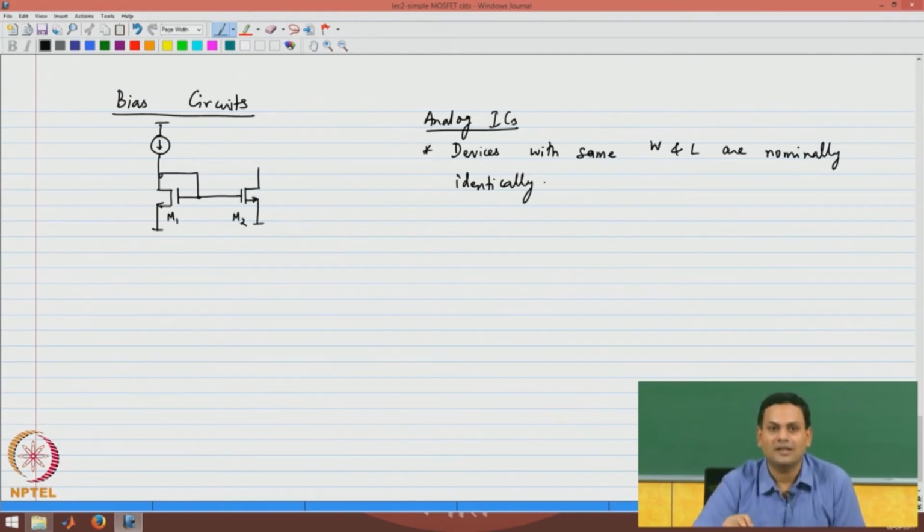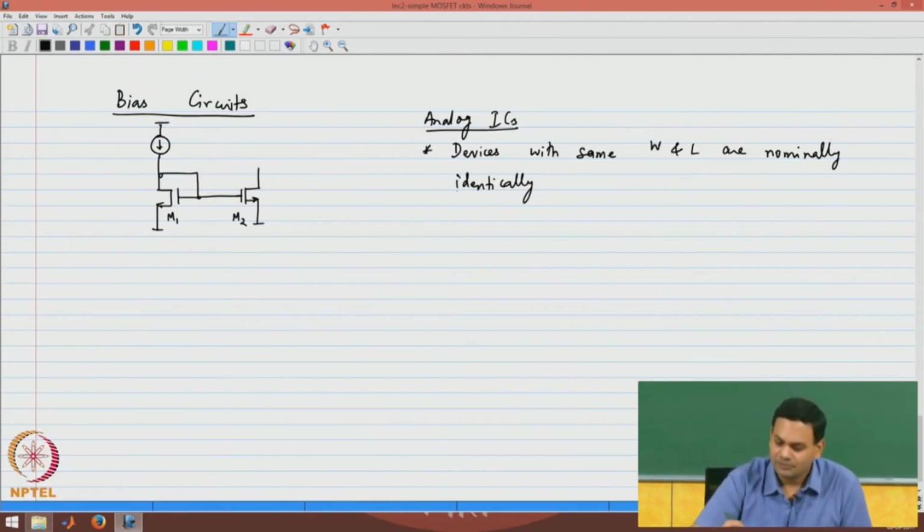This is not true for discrete devices. If I go to the market and buy a discrete MOSFET, if I buy two of them, I am not assured that they have identical behaviors. Whereas, if I design two MOSFETs on the same integrated circuit, I am assured that they are nominally identical as long as they have the same dimensions.